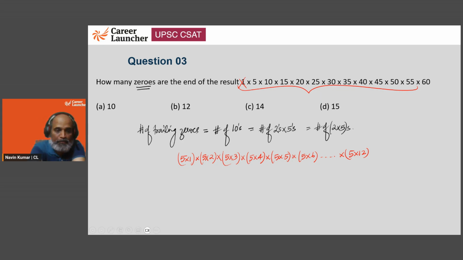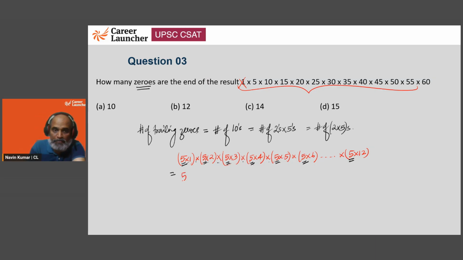Now, if we look here, the number of times 5s are getting multiplied is the number of brackets we are going to have. So in case of 5 into 5, I am not going to take the other 5. I'm only concerned with picking only one 5 from each bracket. So 5 is getting multiplied 12 times because there are 12 brackets here.